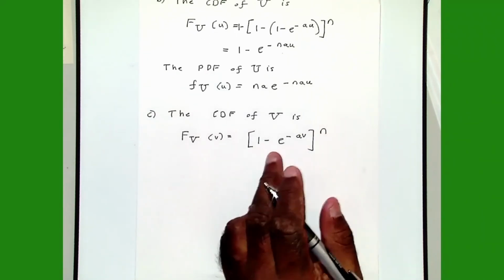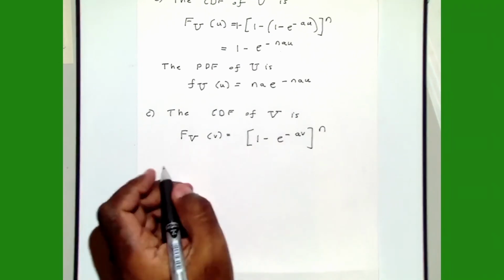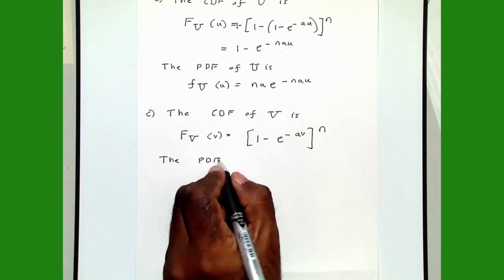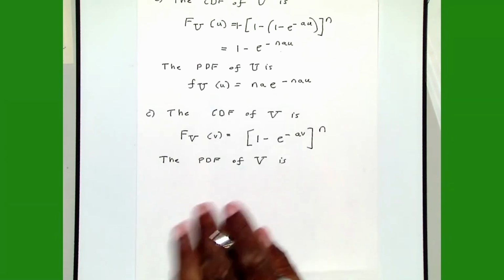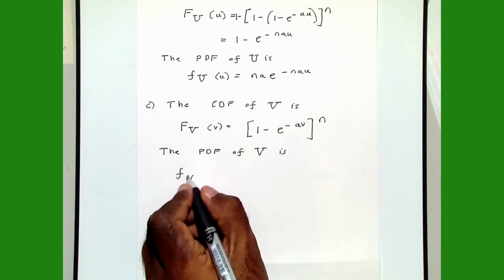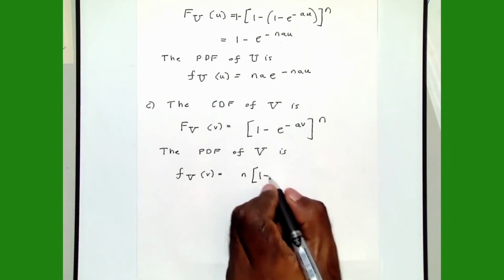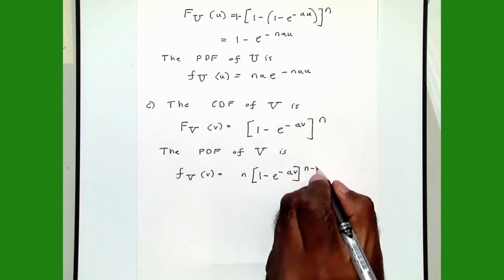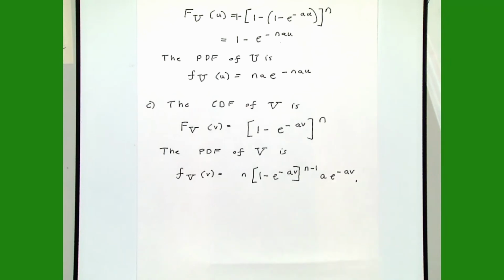So the thing inside the brackets is the CDF of an exponential variable, and the PDF of V is simply the derivative of this with respect to V. Okay.